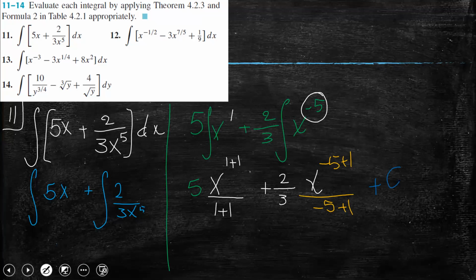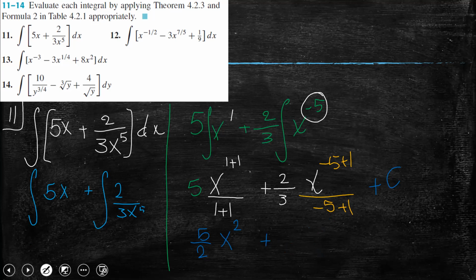So here now I have 5 over 2 x to the power 2 plus 2 over 3 times x to the power -4 over -4. Let's rewrite it.